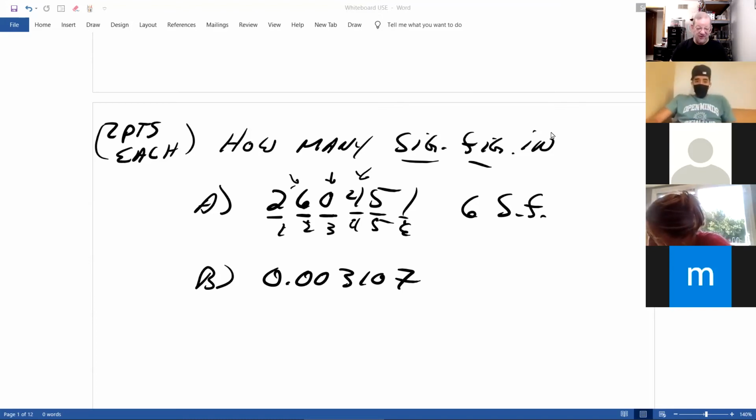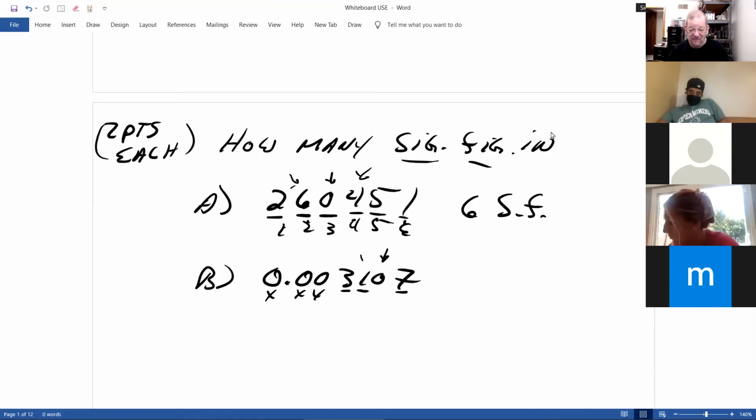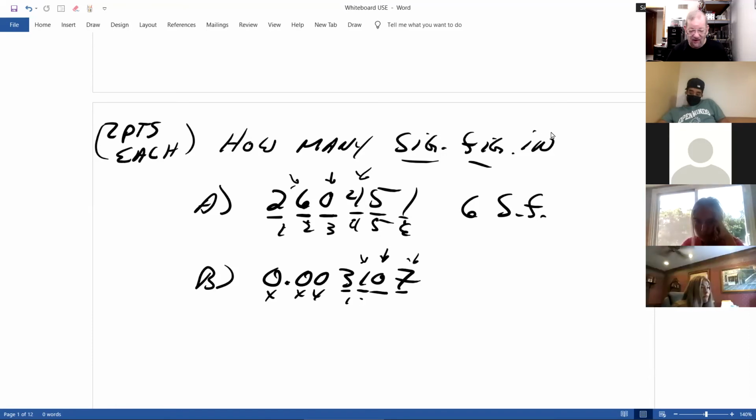And if you'd like to, you can. You don't have to in the chat, but let's do it. Notice we have lead zeros. These are not significant. All non-zero numbers are significant. And a zero here in between, confined to non-zero, is, so that's 1, 2, 3, 4. 4 significant figures.